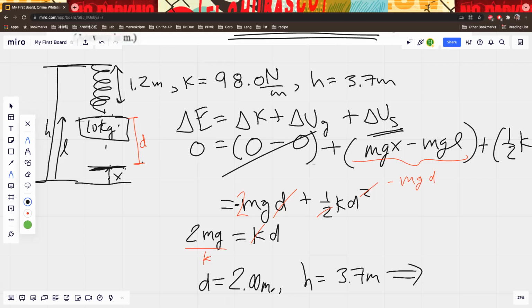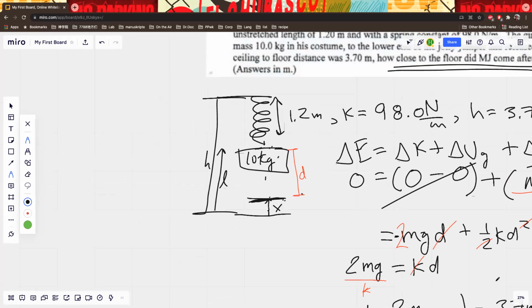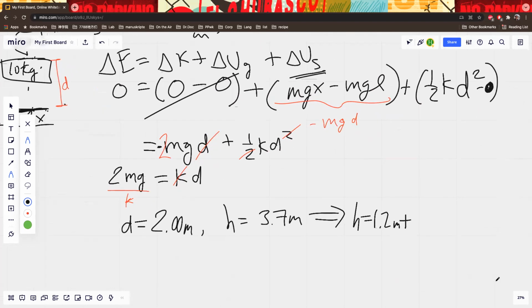Okay, yeah. So basically h equals 1.2 meters plus d plus x. So plus 2.00 meters. This is 1.20 meters plus x.